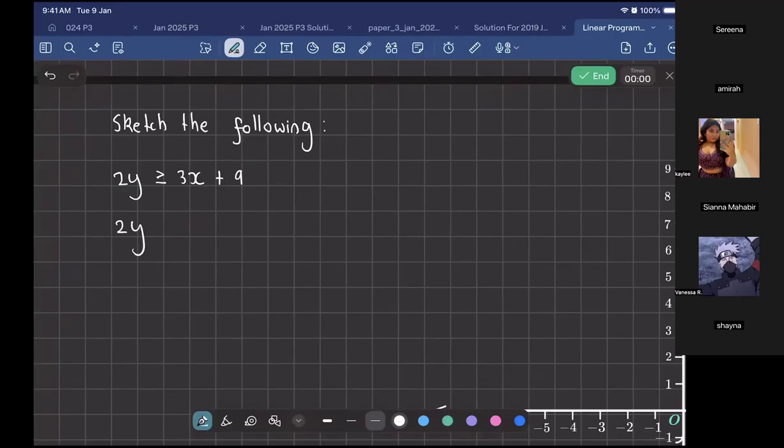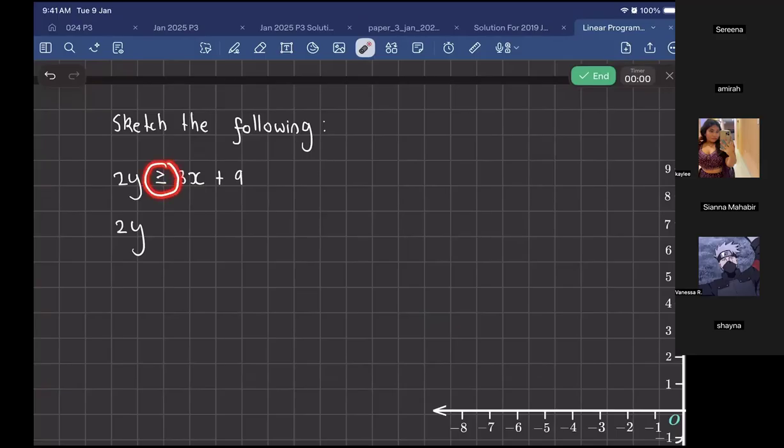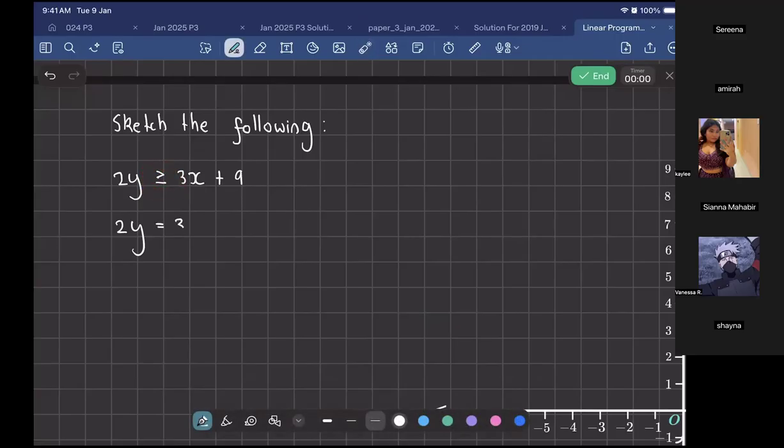No, that's an inequality. If you see a more than sign or a less than sign or a more than or equal to sign, you're dealing with an inequality because it's not equal. For an equation, instead of writing the inequality sign, what would you write? It equals to. So 2y is equal to 3x plus 9.